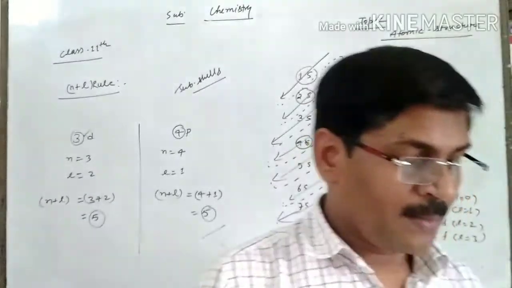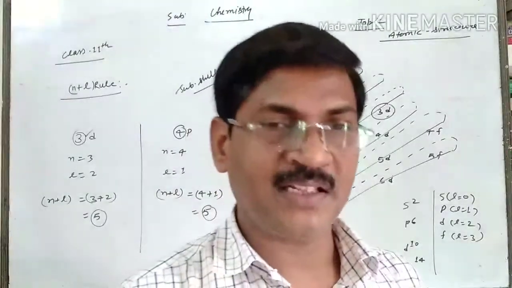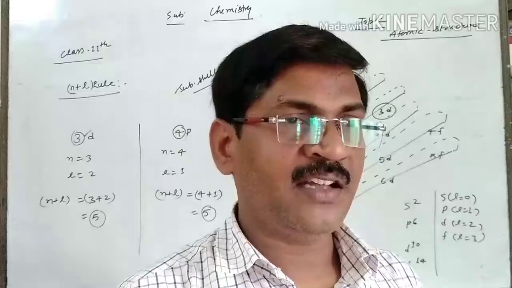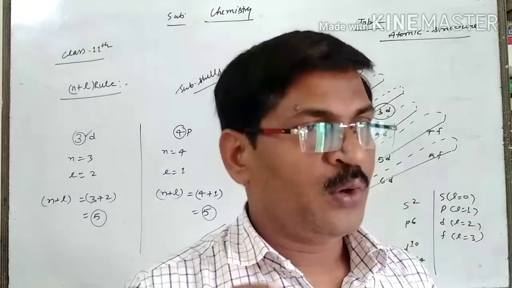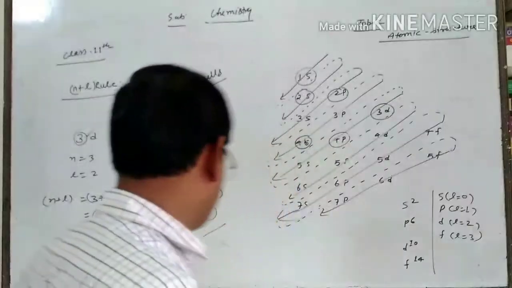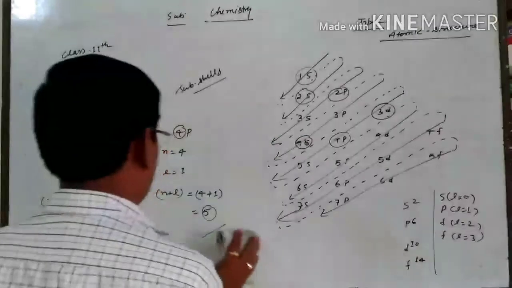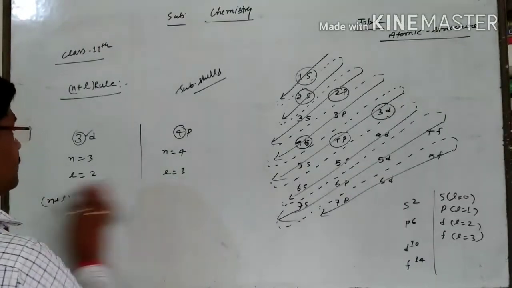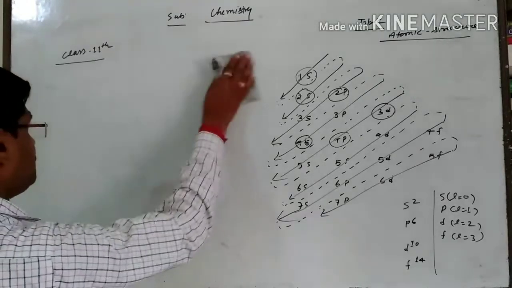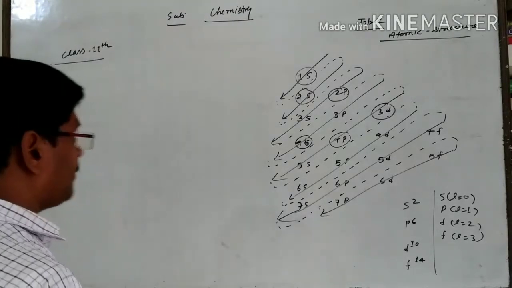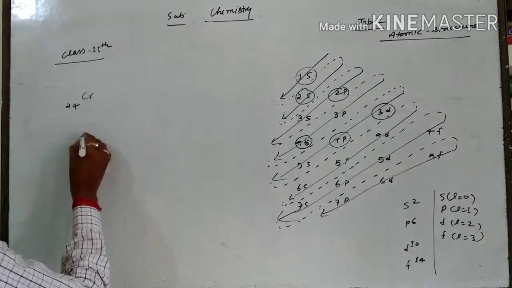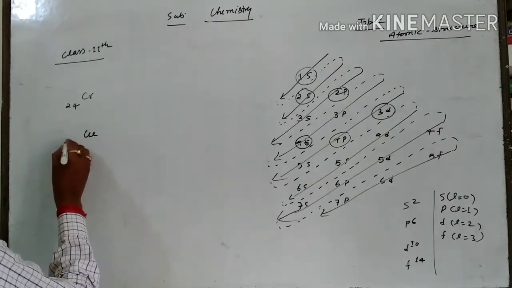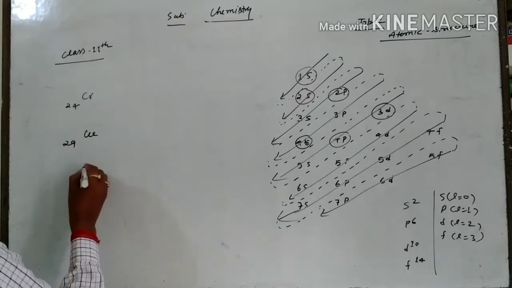But sometimes there are some exceptional atoms, and for their configuration you have to follow the point which I narrated a few minutes before. Suppose chromium is given with atomic number 24, and then copper 29.